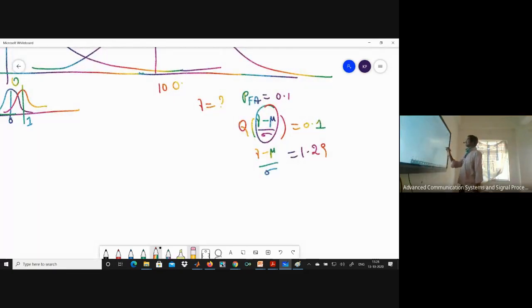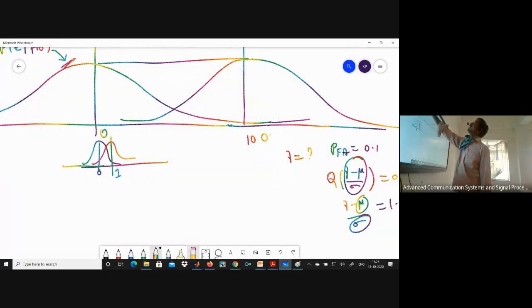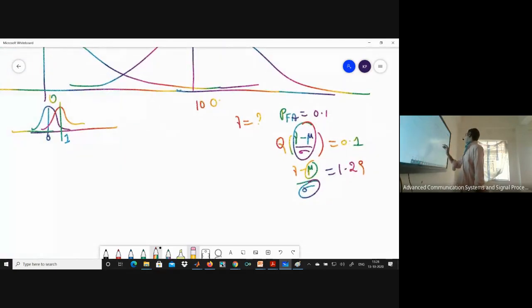So now the mean is 0 and the variance is 100 for this particular case. For this curve the variance is 100. That is the reason you would get gamma equal to 1.29 multiplied by 100, which is 129. Am I right or wrong? Yes, sir.